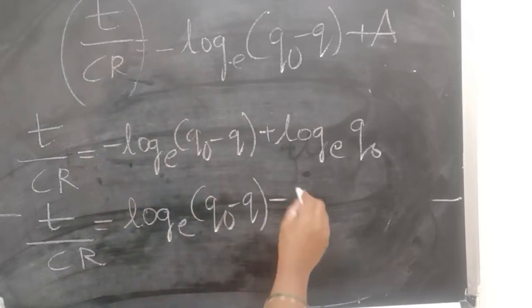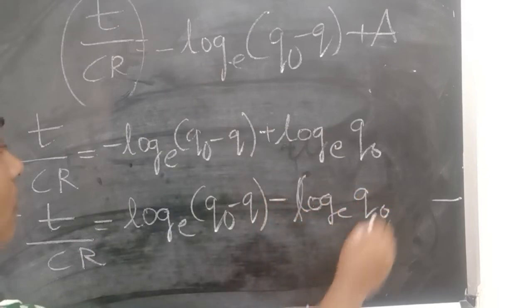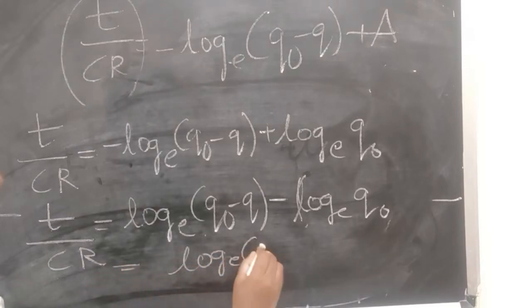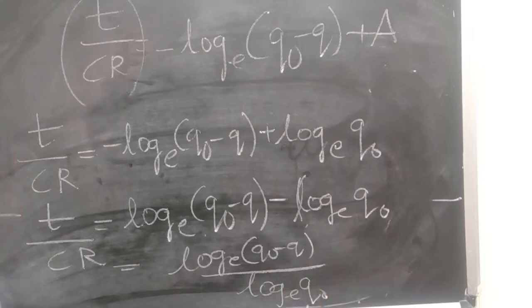minus log Q naught, since minus I have taken common. Now it is in the form of log A minus log B, so what can we write? Log A by B. So log of (Q naught minus Q) by Q naught.